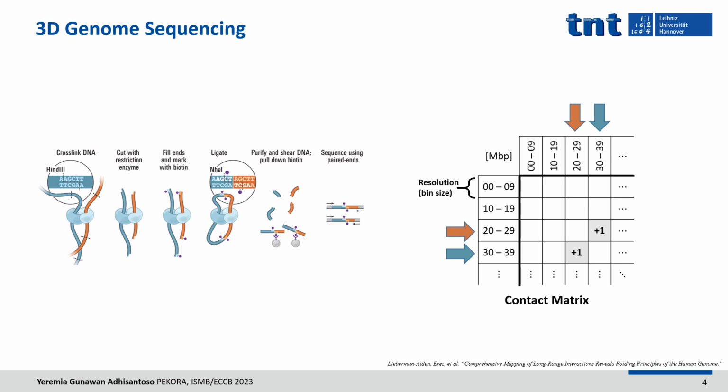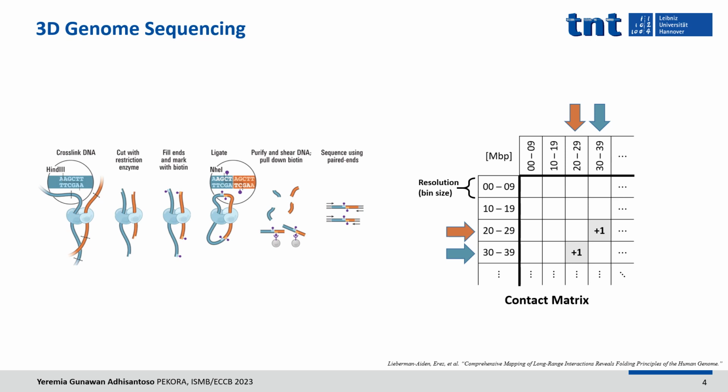And then the segments are cut using restriction enzyme. And then the ends of the segments are marked with biotin. Those parts are then ligated and purified, and at the end of the process sequenced using paired-end sequencing and then aligned to the reference genome.